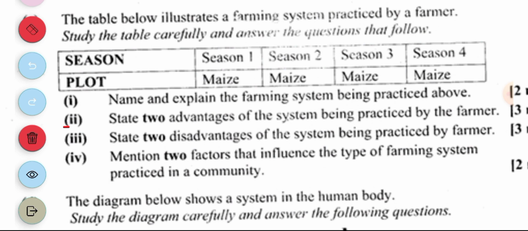Advantages of monoculture. So the farmer is able to, 1, specialize and become efficient at, in this case, maize. So the farmer becomes a specialist in cultivating of maize, because year after year or season after season, he keeps planting maize. He begins to know his mistakes and then correct them and then build on the good practices that give him more yield.